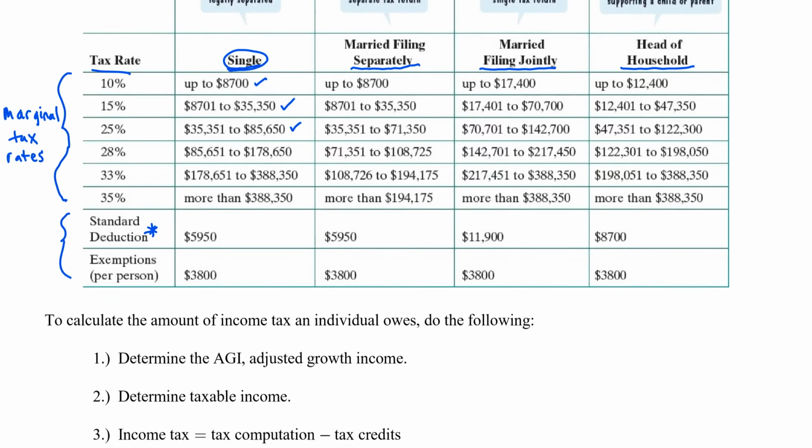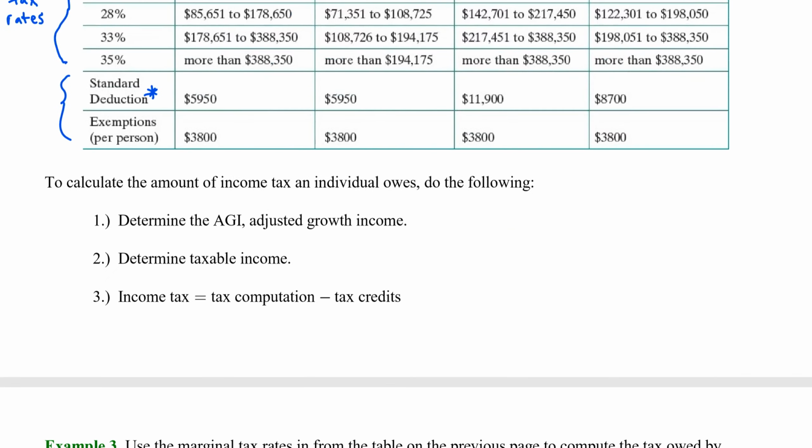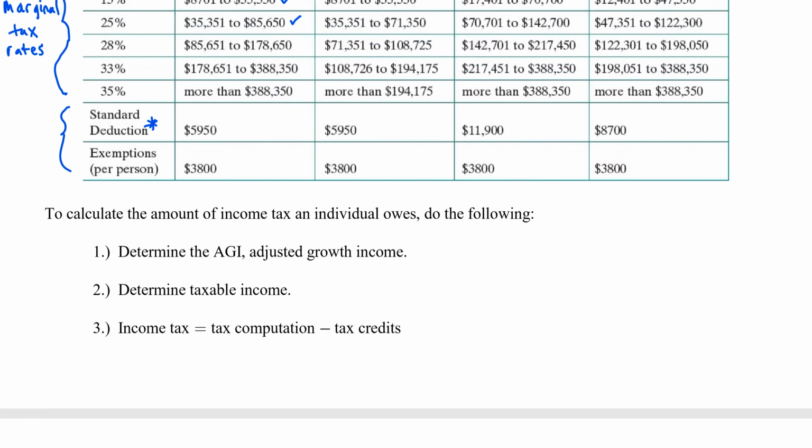Here's the procedure for calculating tax. To calculate the amount of income tax an individual owes, do the following. Number 1, determine the AGI, adjusted gross income. Recall that the adjusted gross income is the gross income minus adjustments. That was from the previous video. Then determine the taxable income.